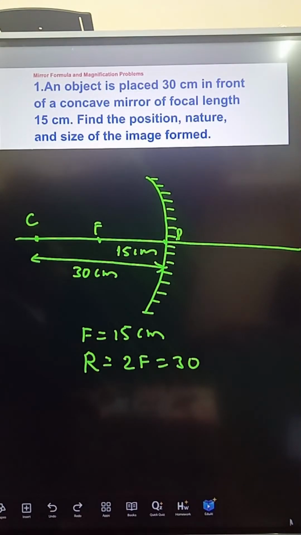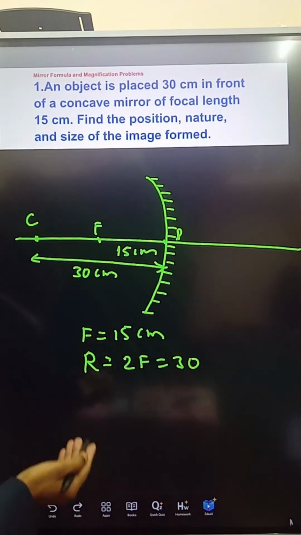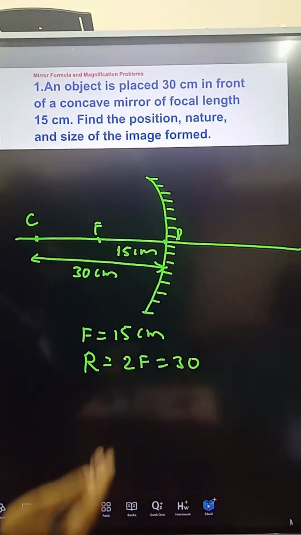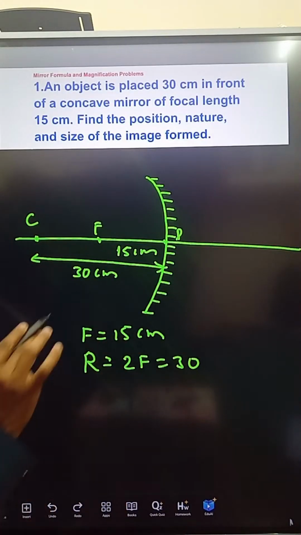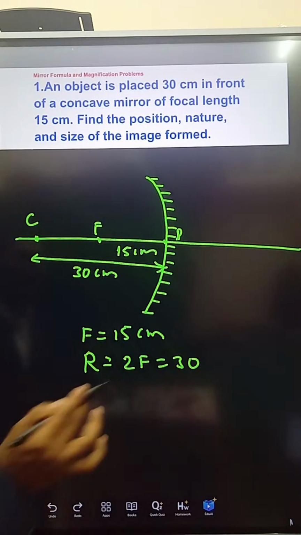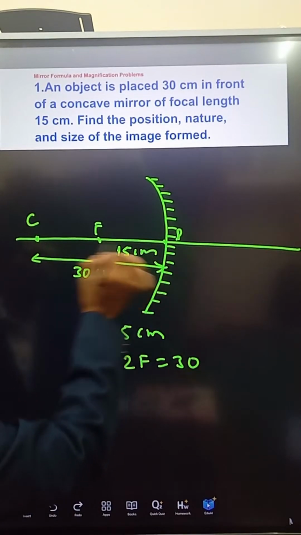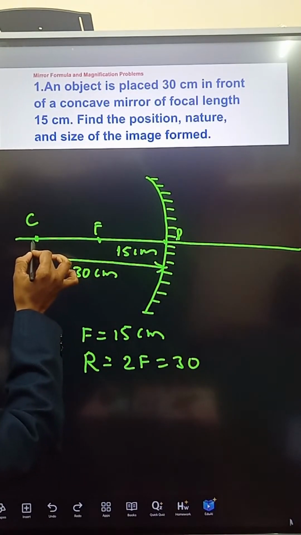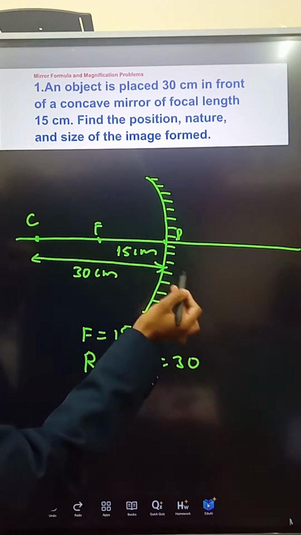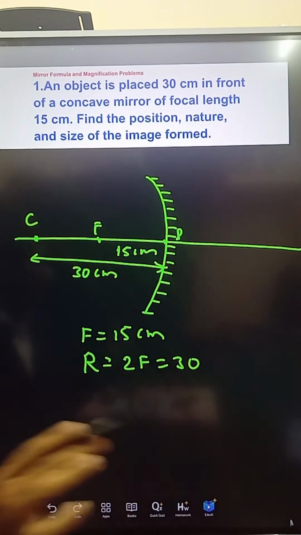Very simple. We do have to solve the calculation, but still I'm telling you, without using anything we can solve in such cases. If f is 15, this one is 30, the center of curvature, that is C. If the object is at C, the image will also be formed at C. What about magnification?